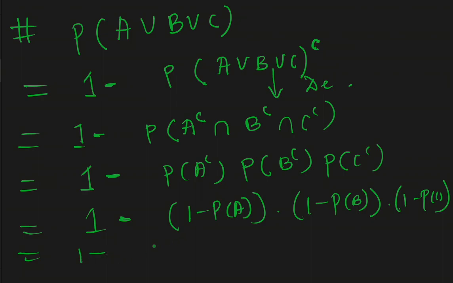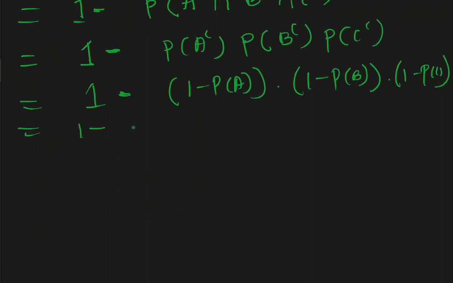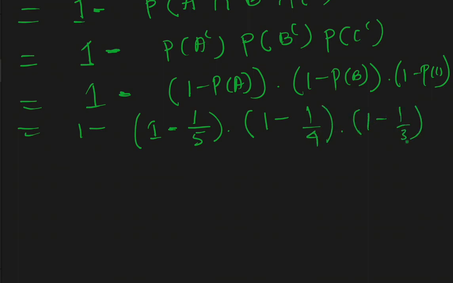So 1 minus, let me write here, 1 minus P(A). What is the value of P(A)? 1/5, into 1 minus 1/4, into 1 minus 1/3. 1 minus 4 by 5 into 3 by 4 into 2 by 3.